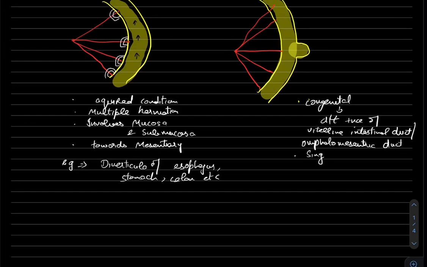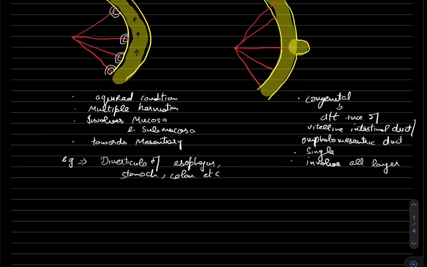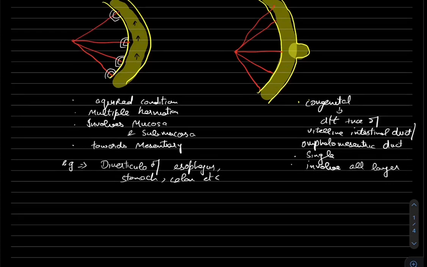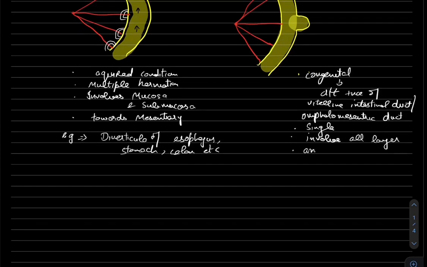It involves, as I told you earlier, all layers in true diverticula. And this is anti-mesenteric, the side opposite to the mesentery. And the example is Meckel's diverticulum.